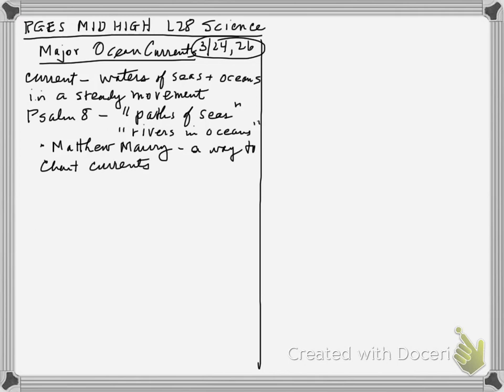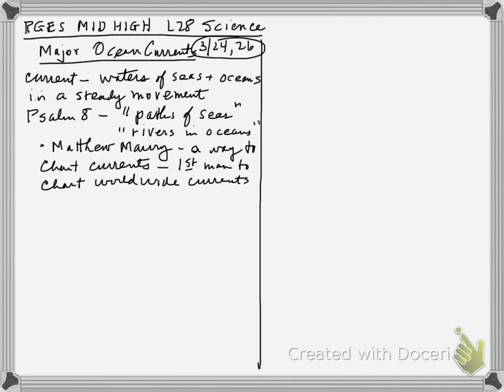And so he did much study, and he was the first. He became the first man to chart some of these worldwide currents. And we're going to be looking at these currents in a chart that will be provided to you because he was the first to do this, and he was a Virginian.